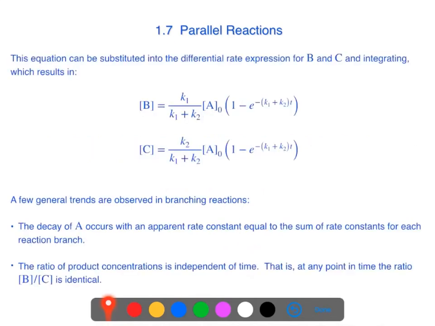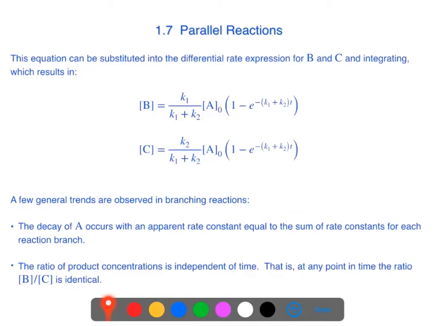Now, this equation for the concentration of A can be substituted into the differential rate expression for B and C. And if we integrate those expressions, it results in the following solutions. Now, we won't go through how these solutions were obtained, but we will comment on a few characteristics of them.